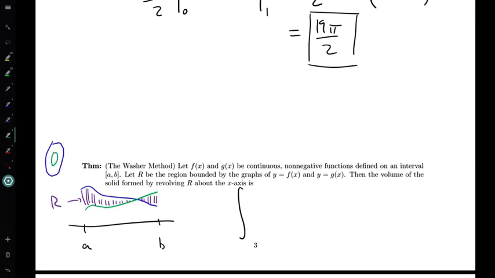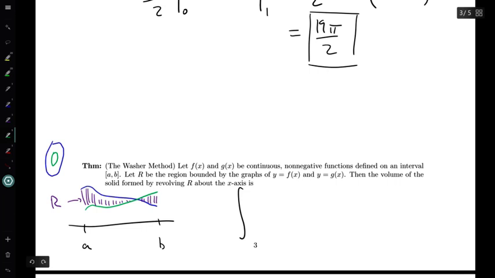For those portions, we want to integrate pi f of x squared minus pi g of x squared, because pi f of x squared represents the area of the blue circle, and I want to subtract away the area of the green circle, which is pi g of x squared.